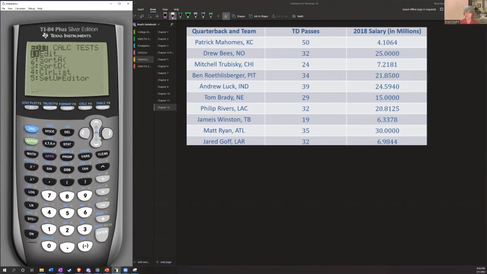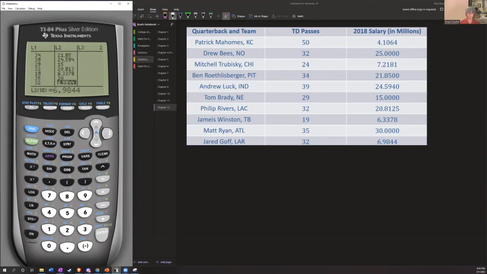And stat, calc, linear regression, calculate. Let me just make sure that I've got these lists in properly. 50, 4.1064, 32, 25, 24, 7.2181, 34, 21.85, 39, 24.594, 29, 15, 32, 20.8125, 19, 6.3378, 35, 30, and then 6.9844.